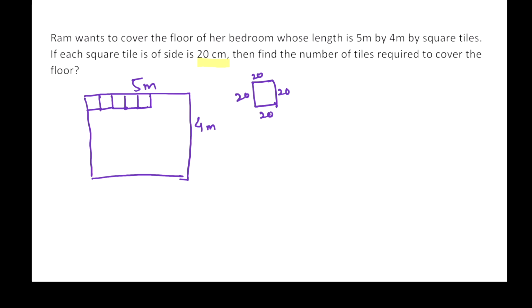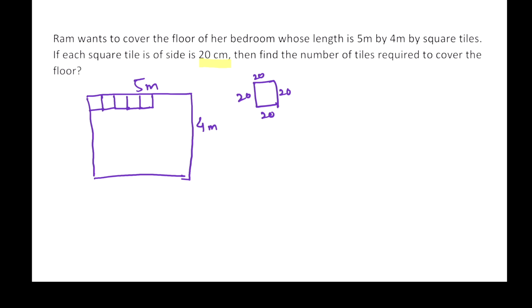If you convert the meter to centimeter for each side, length and width, and then do it, that will be easier and the right approach. I have to convert all the meters to centimeter because we need to use one single unit, and I will suggest you always convert to the smaller unit.